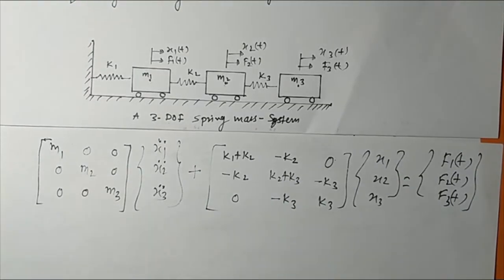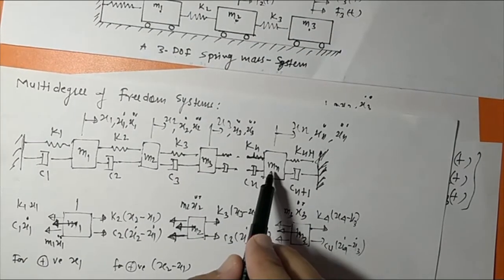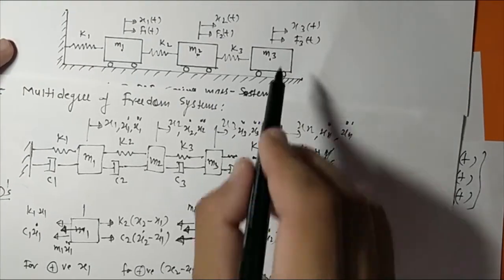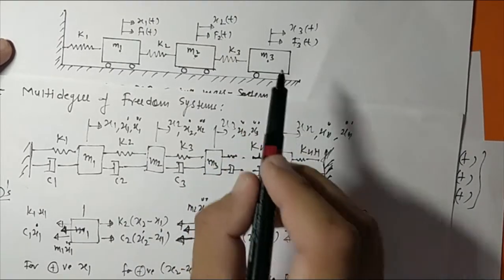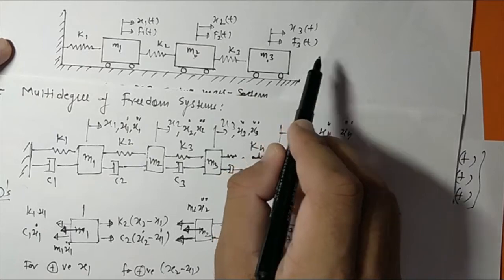So as in last lecture we developed a generalized equation for n degree of freedom system. That system was, this is mass mn. So in particular, to get this system, we can put n equals to 3 and k(n+1) is 0.